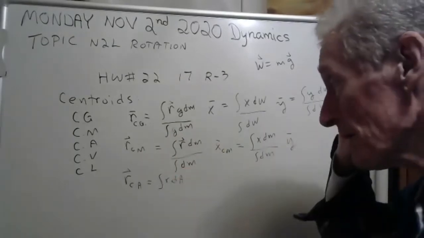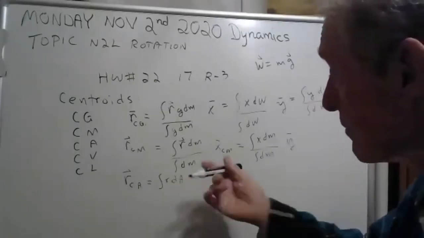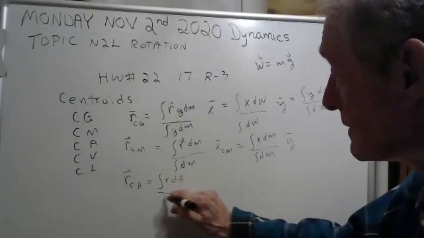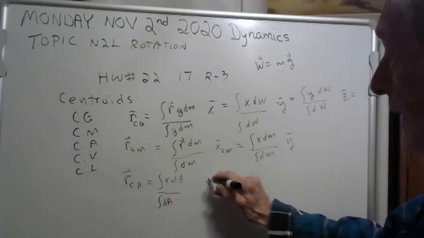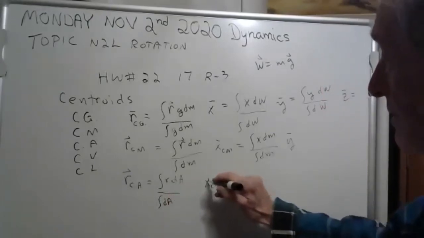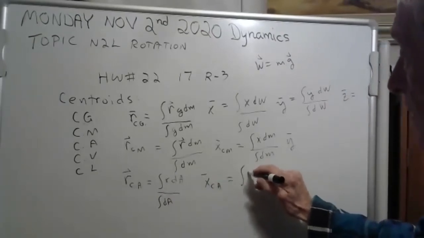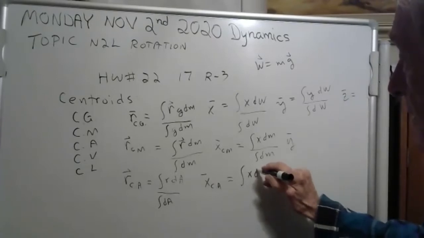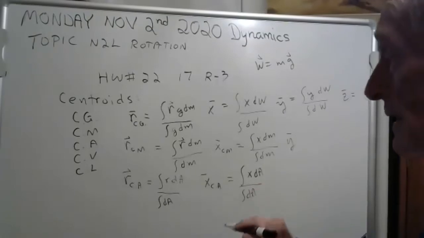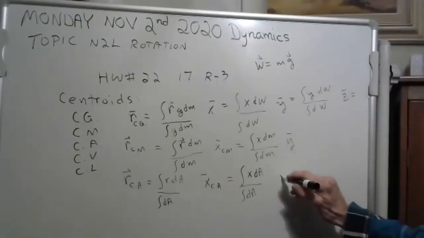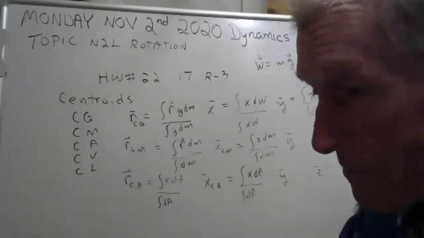Yeah, okay. Don't forget to divide by your total area, and your x centroid of area would equal your x dA over the total area. And also you could get your y bar and your z bar over there.